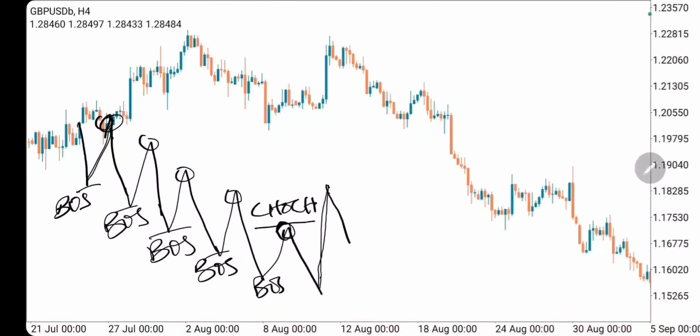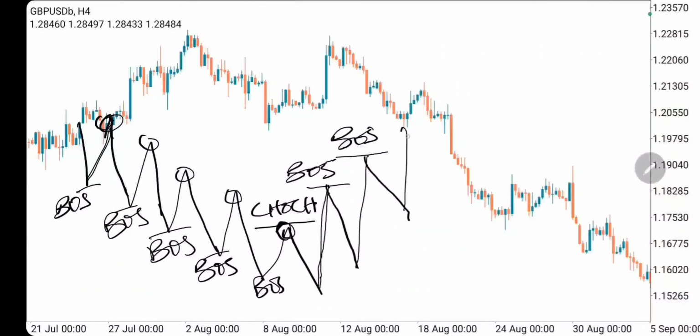So now you begin to have your break of structure to the upside, which is your bullish break of structure. You continue having that to the upside. Each retracement gives you a break of structure.